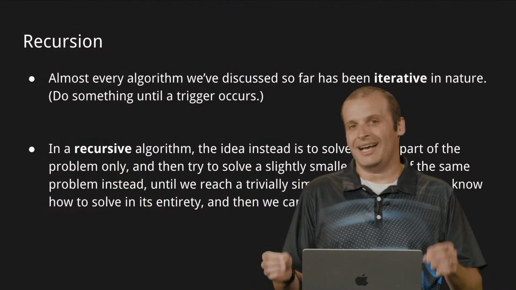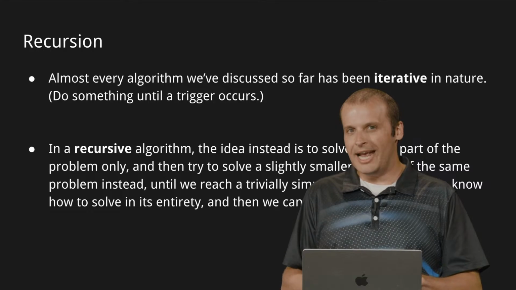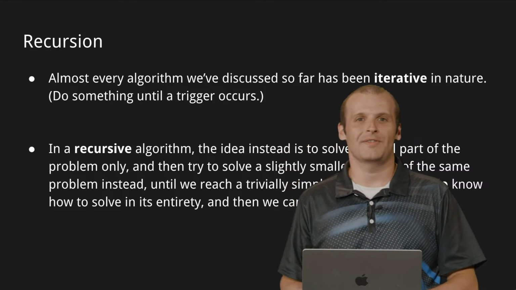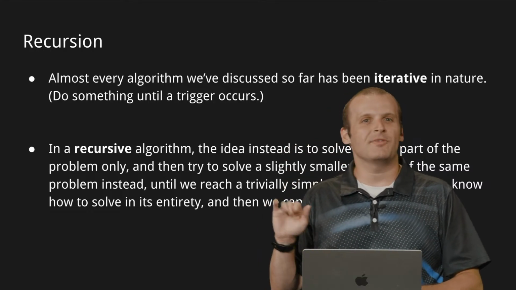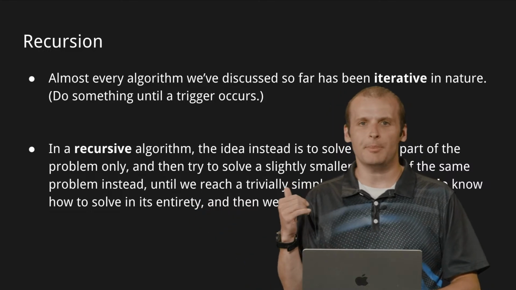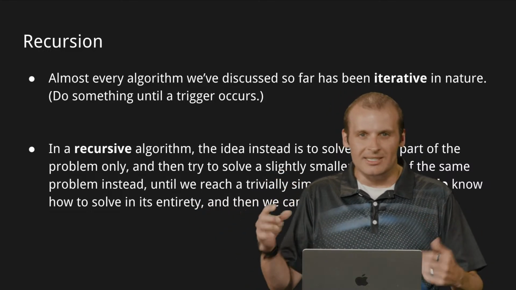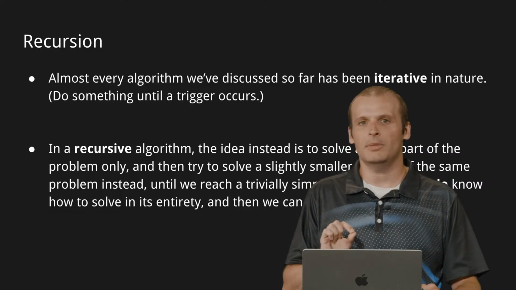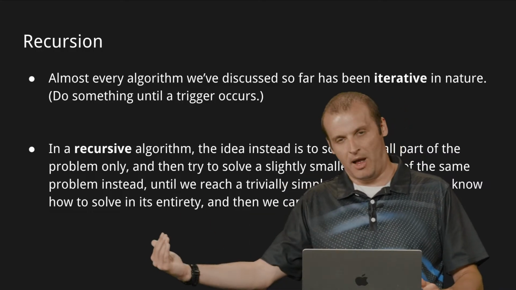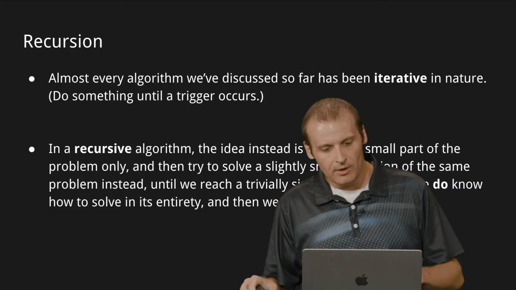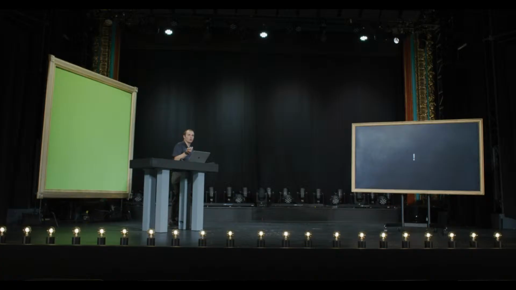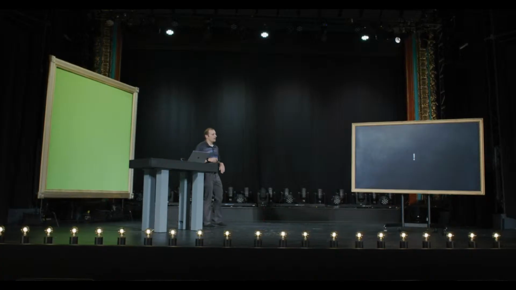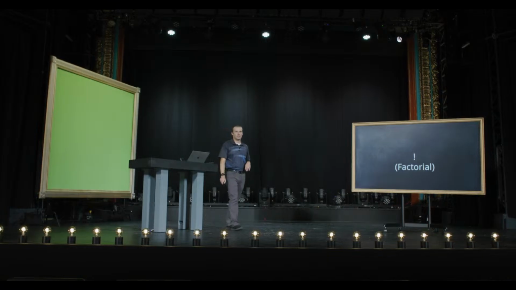Instead, we try and make the problem we're trying to solve a tiny bit smaller and just solve a teeny portion of that problem, and then sort of play a game of telephone where we call somebody else up, or call the algorithm again on a slightly modified version of the problem, and wait for their response to answer the question. And the way we're going to illustrate this, and we've heard this word already today, is through the concept of the factorial function in math.